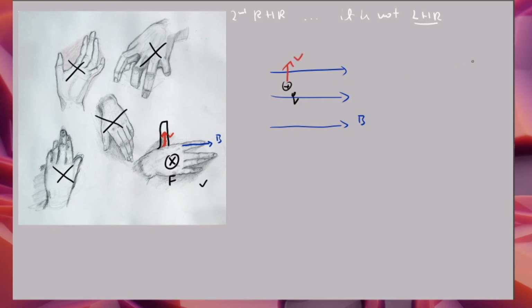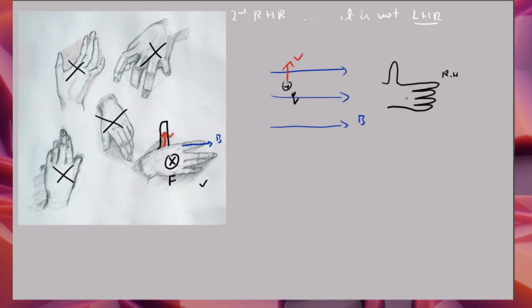In that case, take your right hand. I'm actually going to draw this. And align it in such a way that the thumb points in the direction of velocity V. And the fingers, straighten them out, point in the direction of the magnetic field. And this is the right hand.